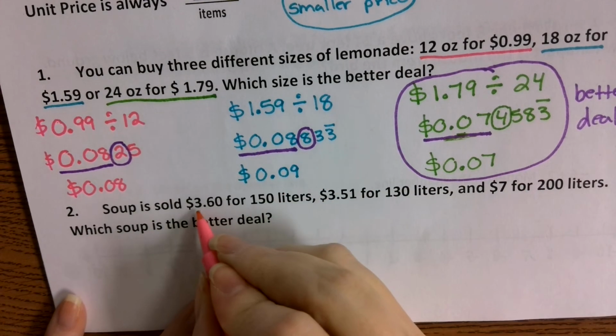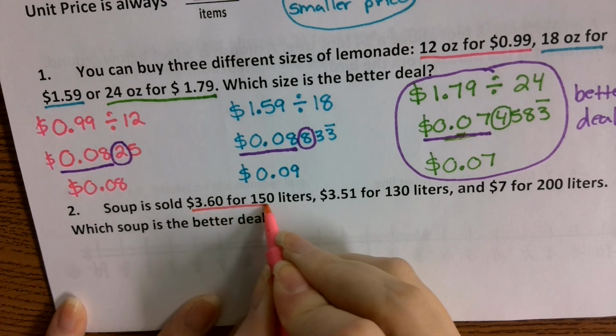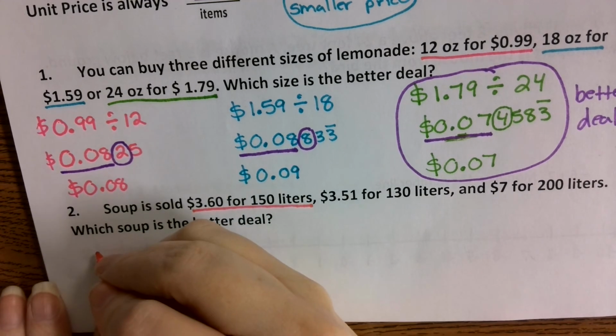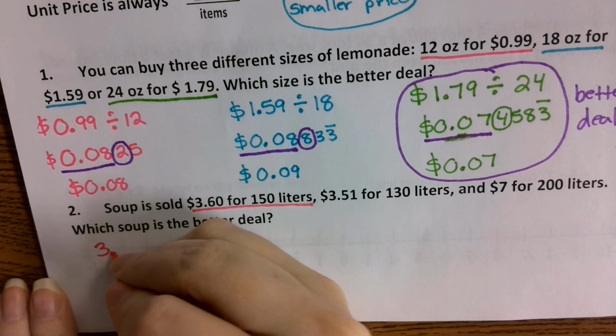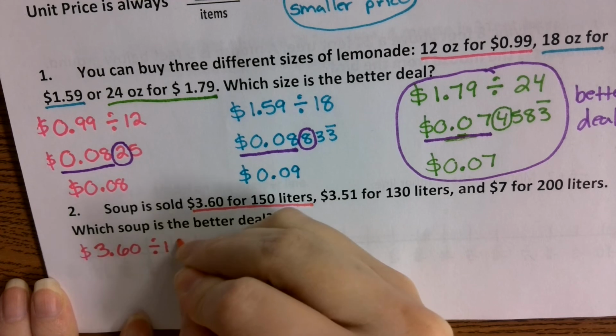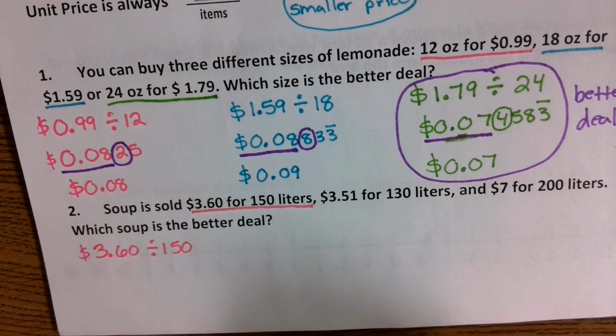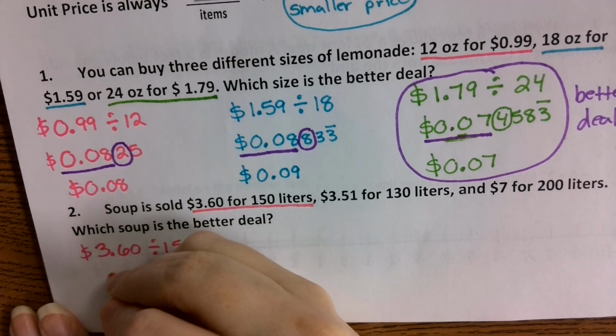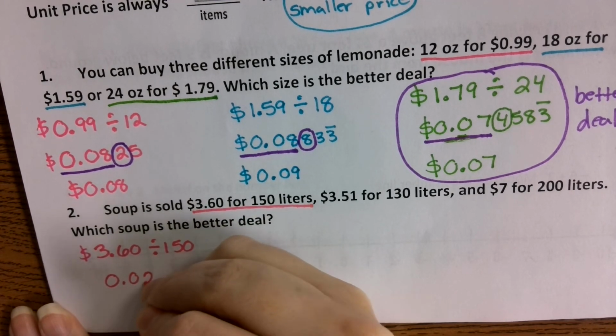All right, let's talk about this first one, the $3.60 for 150 liters. We should be dividing $3.60 by 150. And what is that going to give us? 0.024.